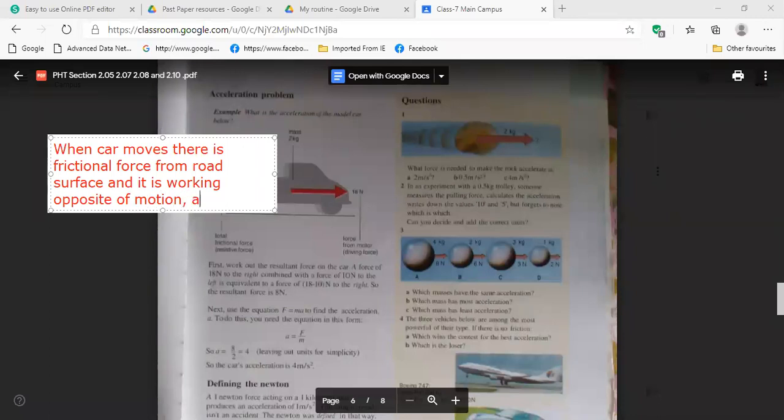Again, we have air resistance working opposite of motion.